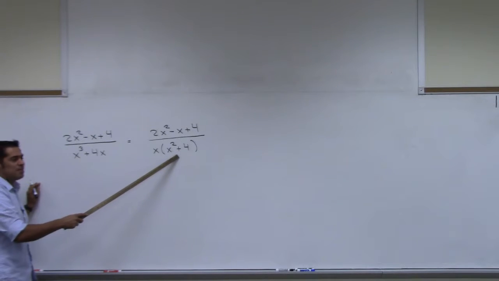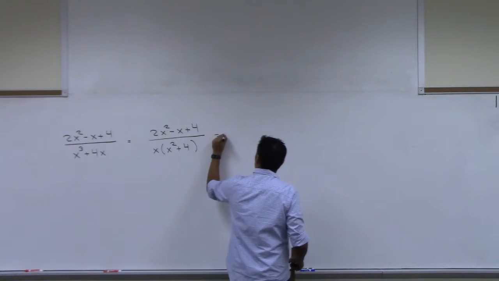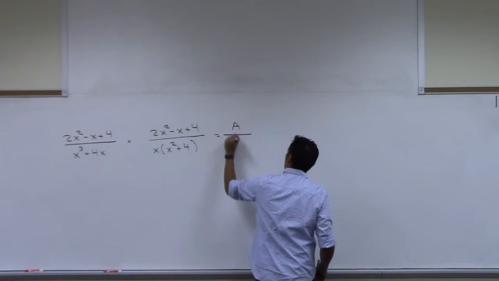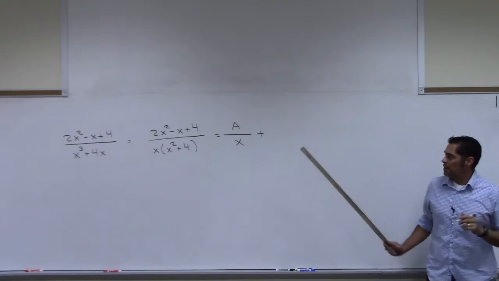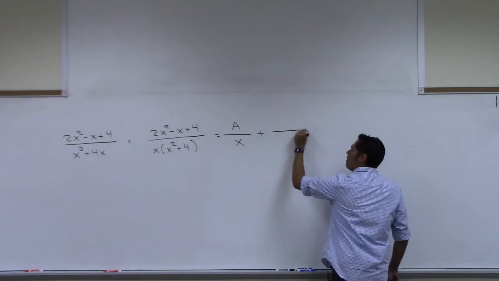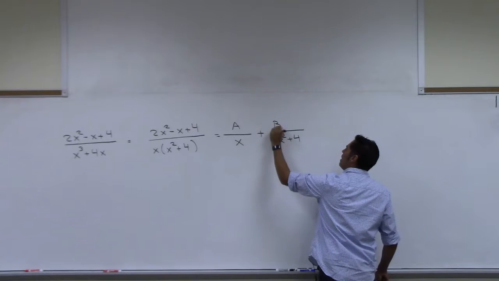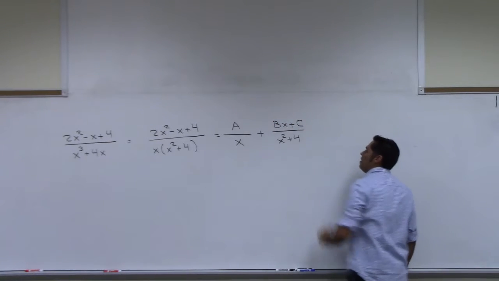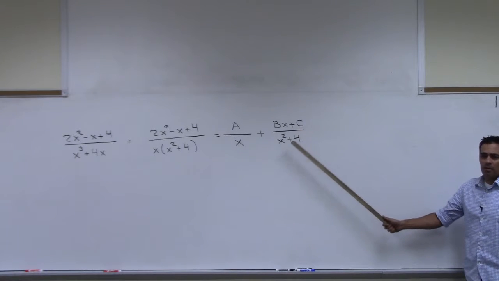Irreducible quadratic, because it cannot be factored. So I said to you that what you're going to do is put A over x, right? That was kind of like what we had been doing. But for this one, we put the quadratic on the bottom, and on top we put Bx plus C. And that was going to be a linear expression on the top of a quadratic.